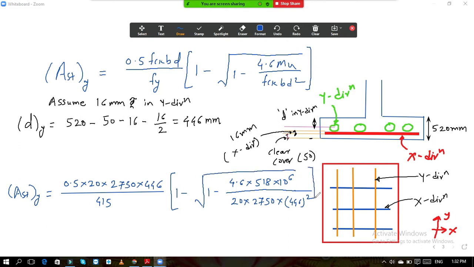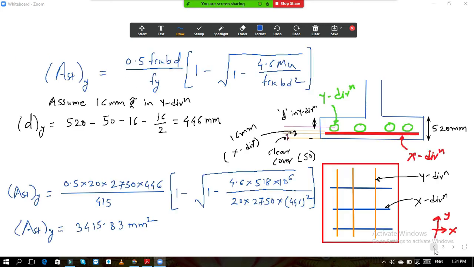Now if you solve this, you will get the value of steel in y direction, which is equal to. Solve now. Good. So I think this answer works out to be 3415.83 mm square. Please check the answers. Now calculate the number of bars. Number of bars is equal to how many number of bars?